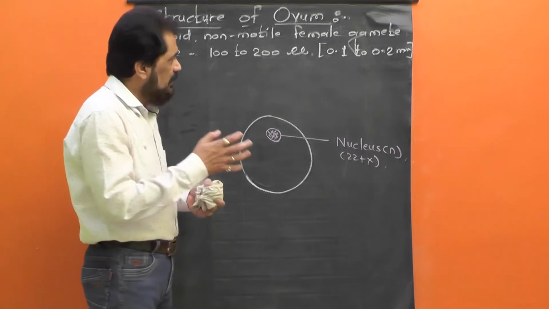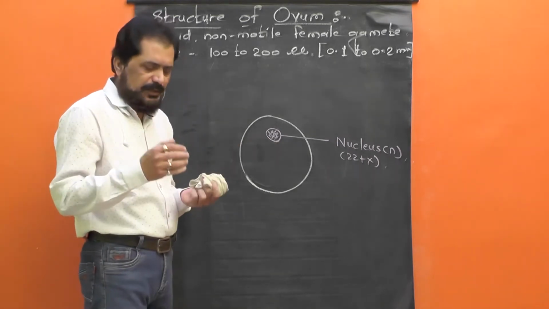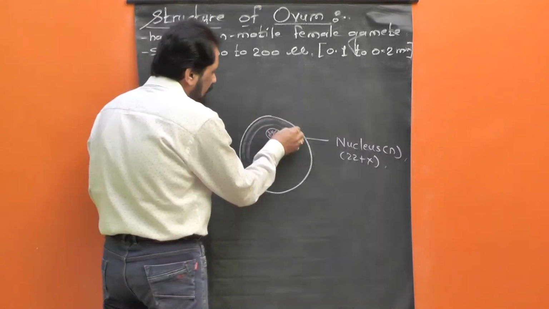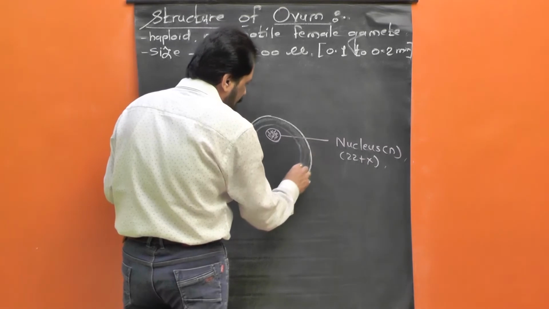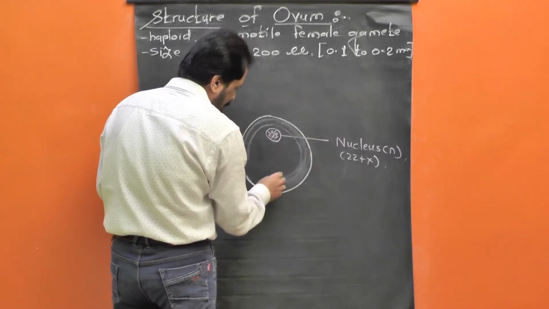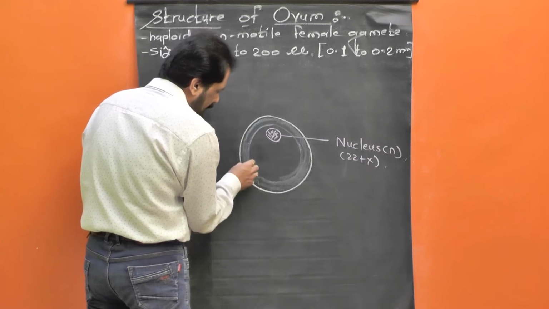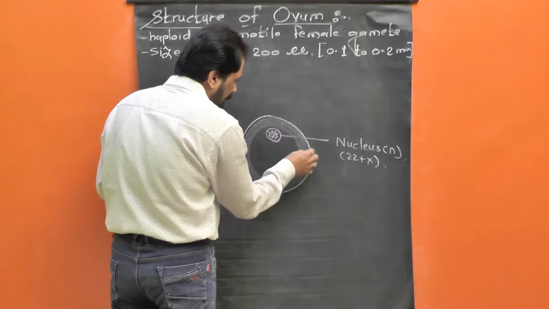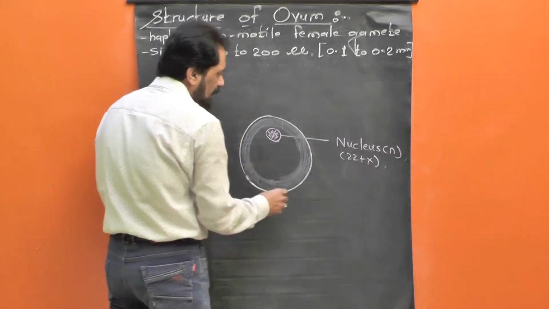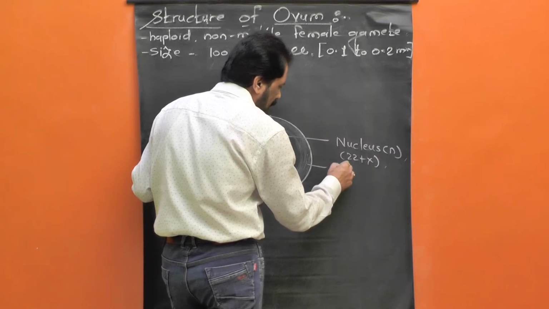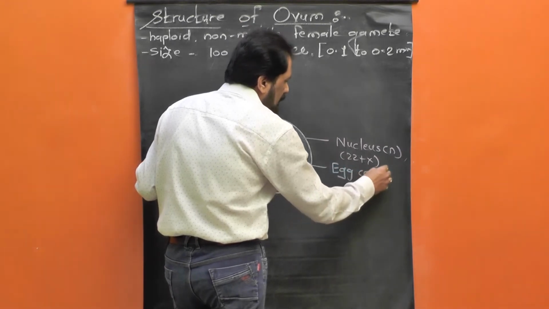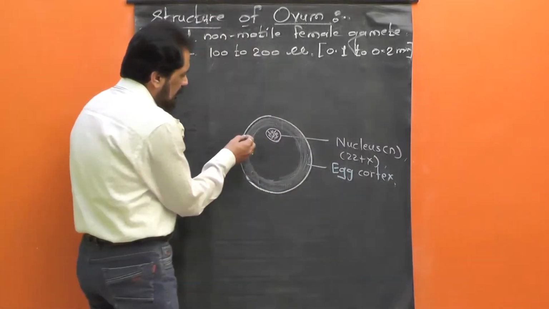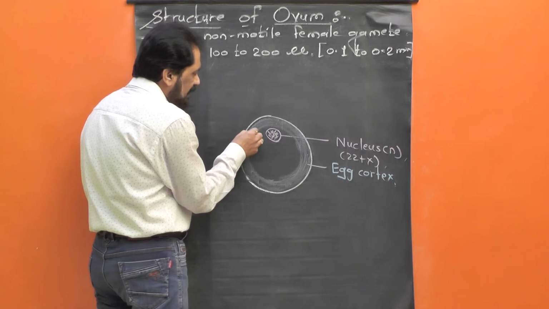But here the cytoplasm of ovum is differentiated into a peripheral and slightly thick egg cortex. It means the peripheral cytoplasm which is slightly thick, known as egg cortex. This peripheral cytoplasm also contains many tiny vesicles.